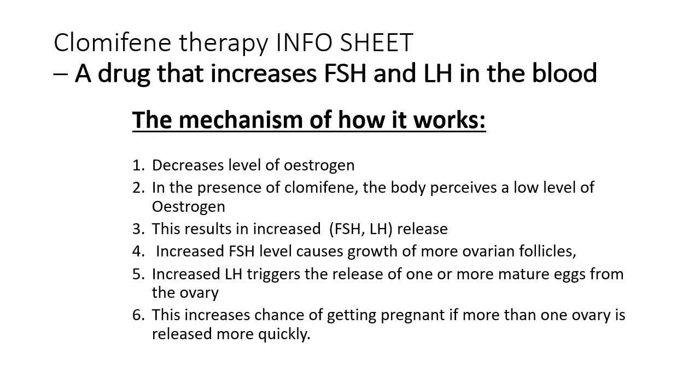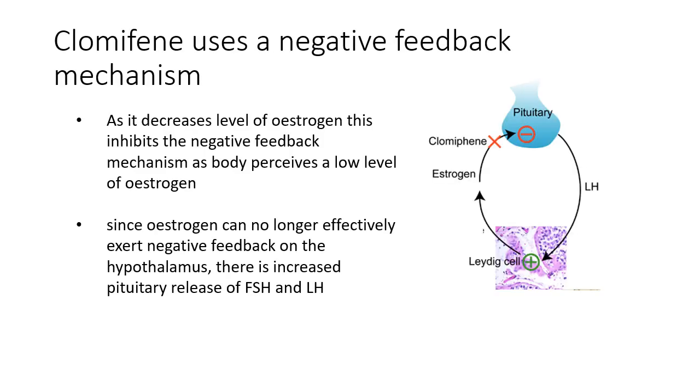FSH develops more eggs, and then LH causes one to be released. So you know when it's going to be released, so you know exactly when to have sex, and hopefully, if you know when to have sex because the egg's been released, you've got more chance of being successful.